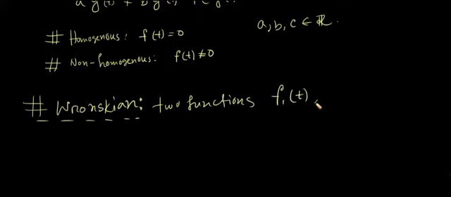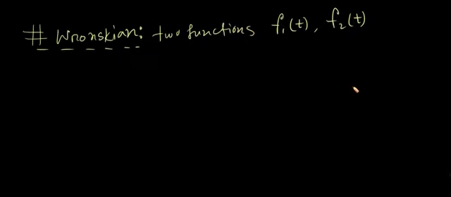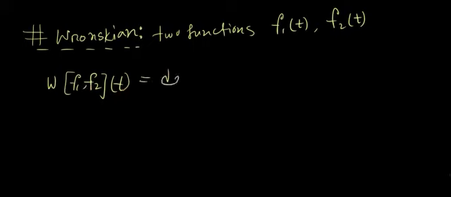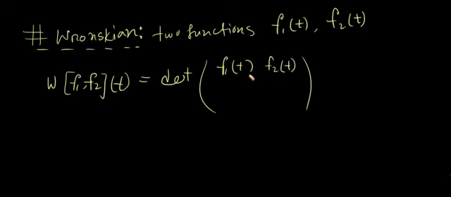So let's say you have two functions f1 of t and f2 of t, and the Wronskian for these two functions will be defined by W of f1, f2. This t over here means the Wronskian is dependent on t, and this is just the determinant of the matrix with rows f1 of t, f2 of t, and f1 prime, that means the first derivative, and then f2 prime.